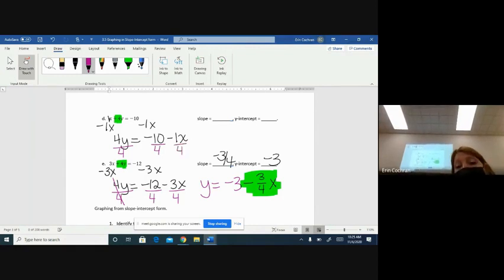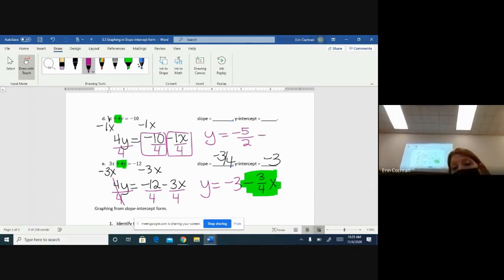All right, so we get y equals, can I divide -10 and 4? No, but can I simplify it? Yes. What is -10/4 simplify to? -5 over 2, perfect. Now, can I divide -1 by 4?